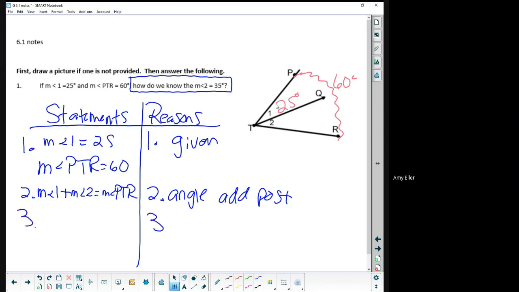Now that we have an equation, let's see if we can put some numbers in there. Do you have any information in your proof about how big angle 1 is? 25. Didn't we just say right here? Yeah, it's 25. So what you're going to do is instead of saying angle 1, you're going to say, oh yeah, that was 25. You're just going to plug that number right in there. Copy angle 2. We're pretending we don't know how big that is yet.